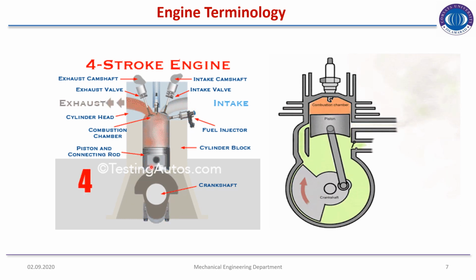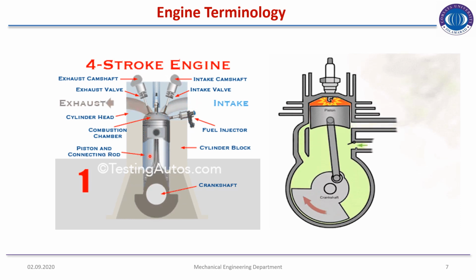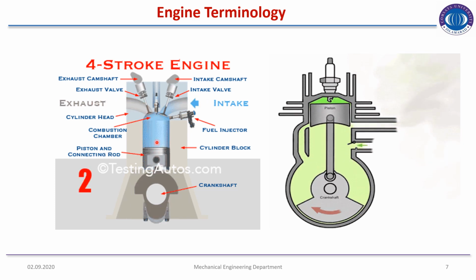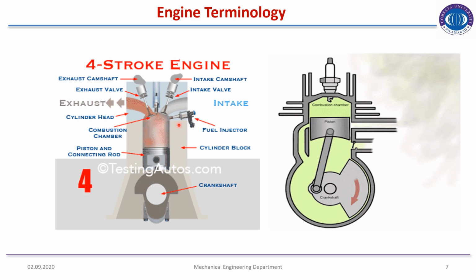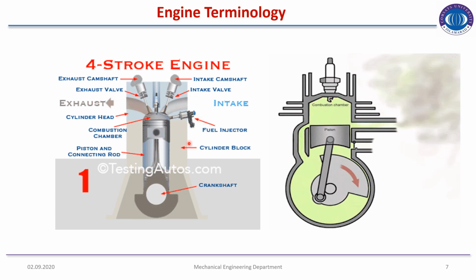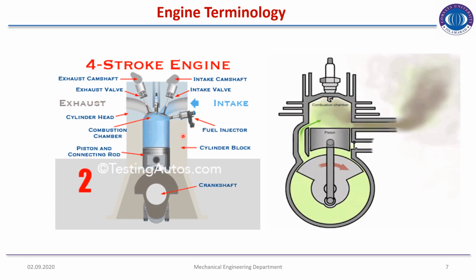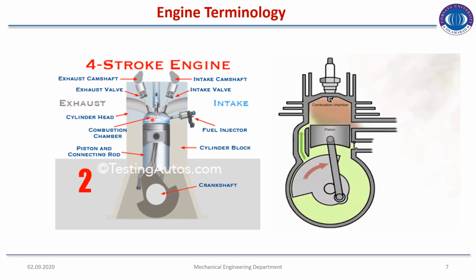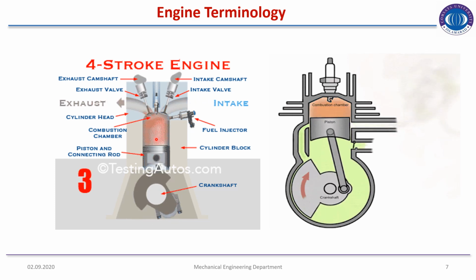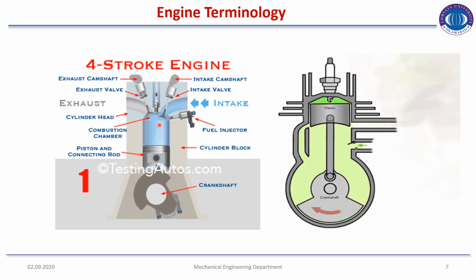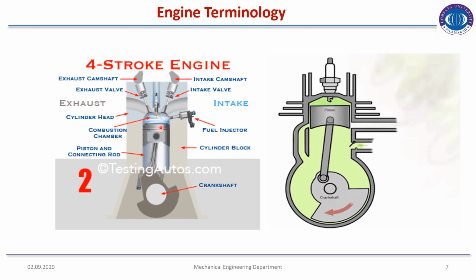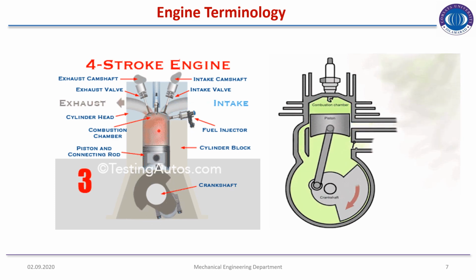So here, the blue arrow, and the piston will move up and compress the fuel mixture. So this is a fuel injector. Initially air is entering into the piston cylinder, then this volume is reducing and pressure is increasing.